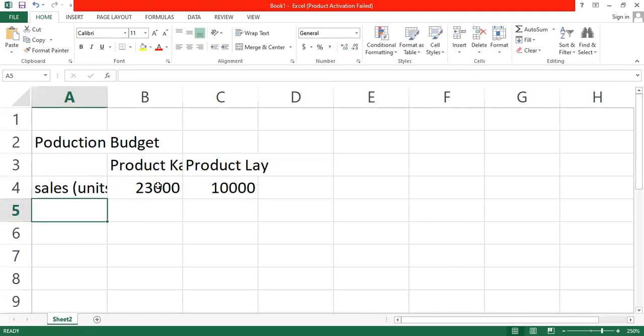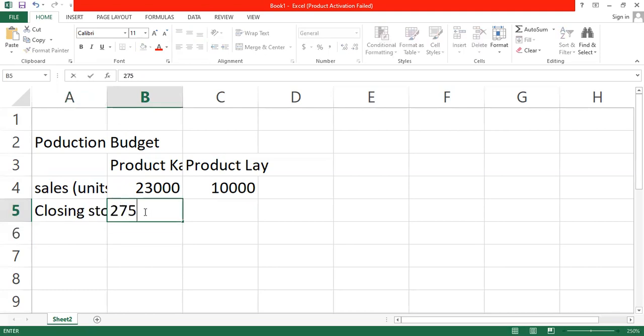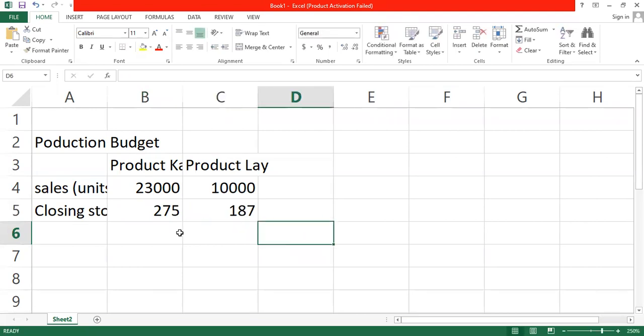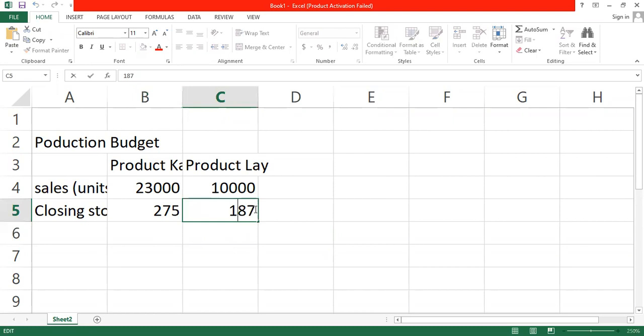So if all things are equal, if we want to sell 23,000 and there is no loss and no closing stock, we have to produce 23,000 and 10,000. Right now we want to have a closing stock of 275 and 185 respectively.